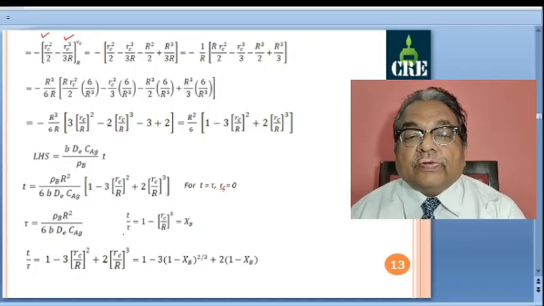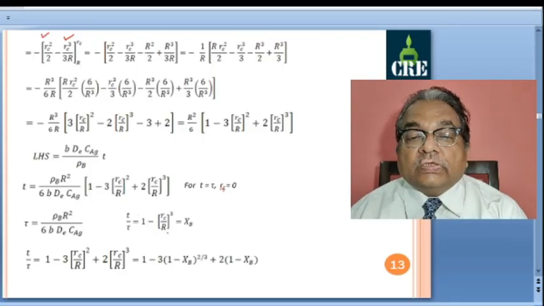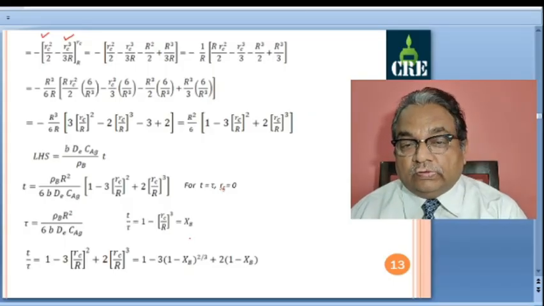This is what we get, and we know from the volume fraction definition that t by tau is equal to 1 minus rc by r whole cube, and that is equal to xb. This is from the volume fraction geometry.